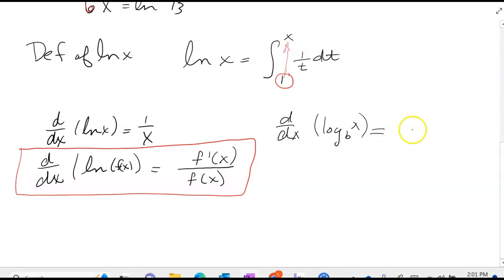If you recall, it is 1 over x times the natural log of b. And this makes sense because when the log was just an ln, meaning the base is e, ln of e is just 1, so that's why this one over here just comes out to 1 over x, because it's technically 1 over x times ln e.